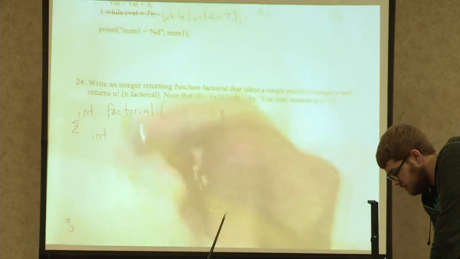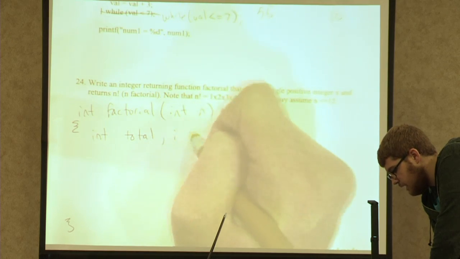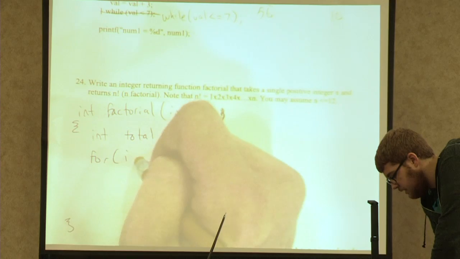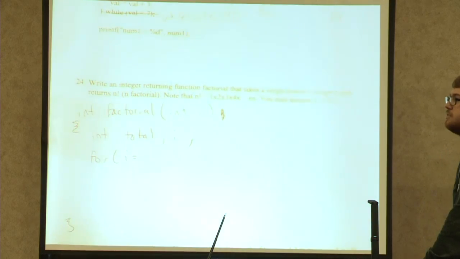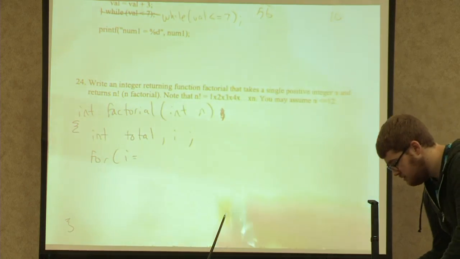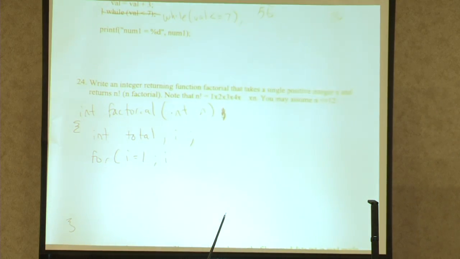So we're going to do a declaration of total, and then we're going to need an i for our for loop. So we got for i. What do you want i to start as? 1. Why wouldn't it be 0? Because that's not factorial. Yeah, it'll be 0 and it'll just kill your whole factorial. So we're going to start it at 1, and then what's going to be your condition?